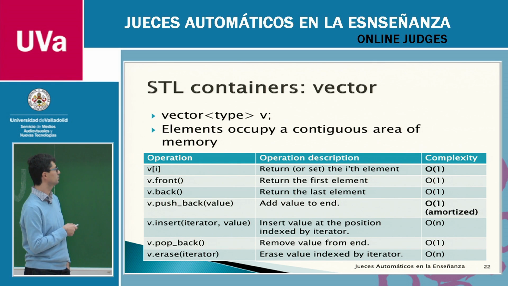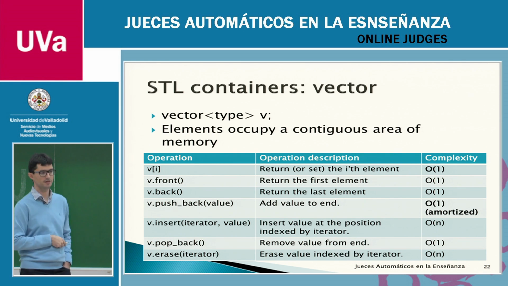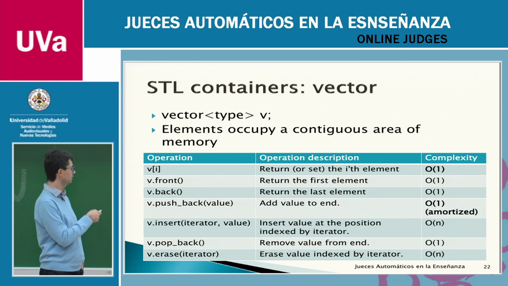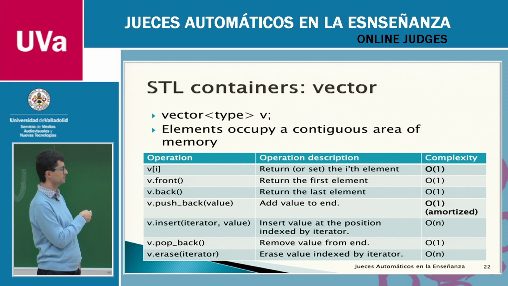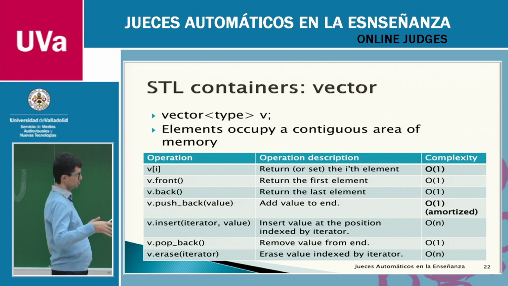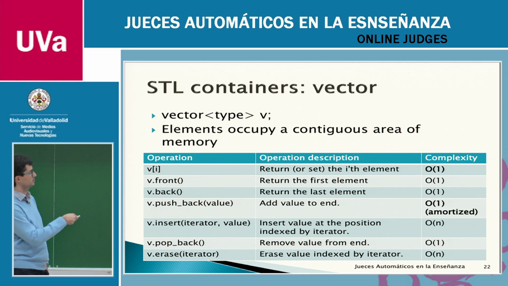Here's an overview of each of the four. When you use a vector in C++, you have the type of the things you are going to put in the vector. And as I said, the most efficient operation is the access to a concrete position of the vector. Also, it's interesting to know that when you insert things, the vector grows in size, and this has a constant amortized time.